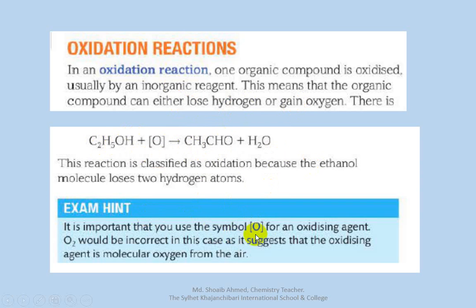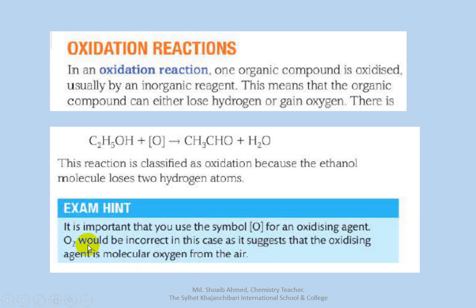Okay, we write this diamond symbol in the oxidizing agent. You don't need to write O2. You should write diamond oxygen. If you write O2, it would be incorrect, because it suggests that the oxidizing agent is molecular oxygen from air.